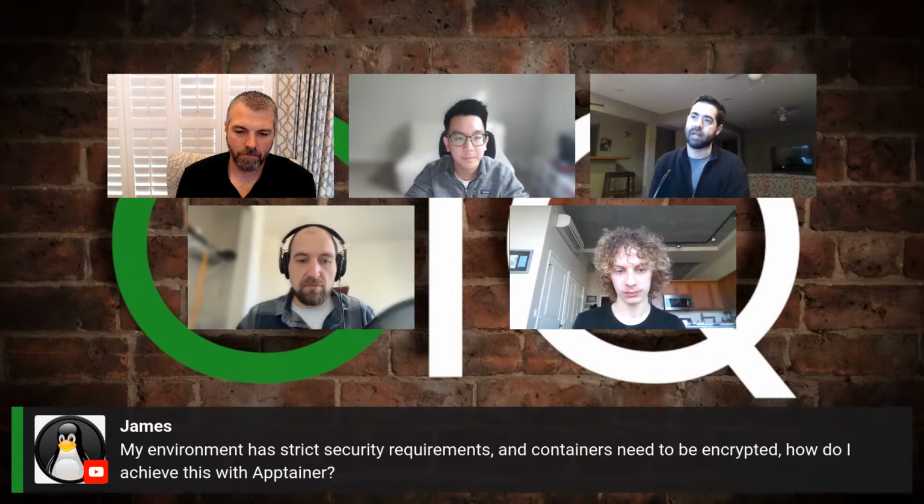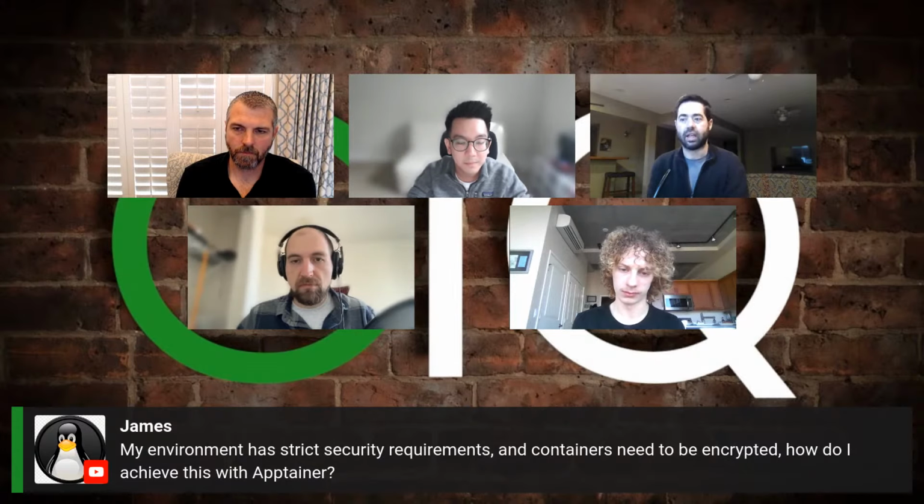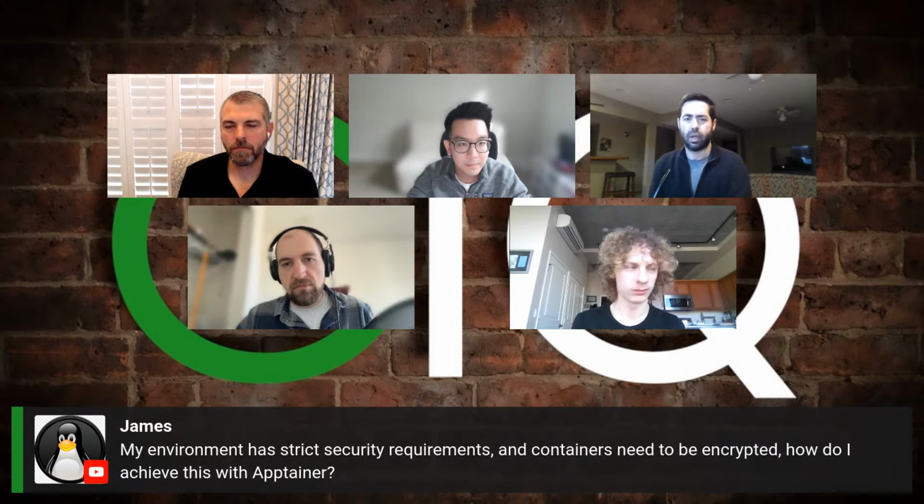There's actually some documentation online too on the Apptainer website. Actually, I'm wrong. You don't create the key for encrypting the container within Apptainer itself. You create your key outside of that workflow.